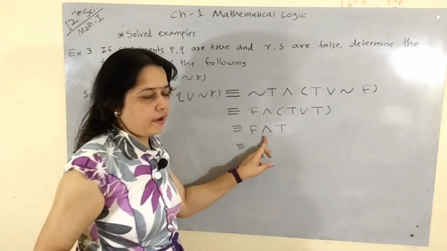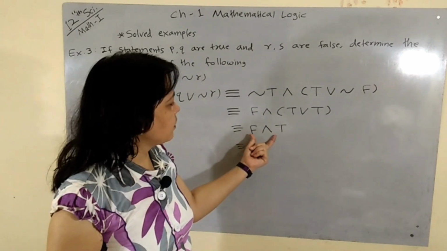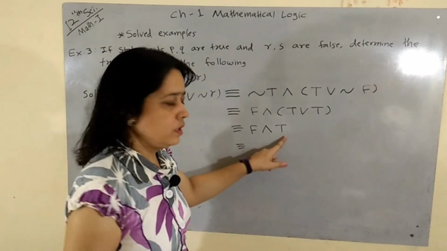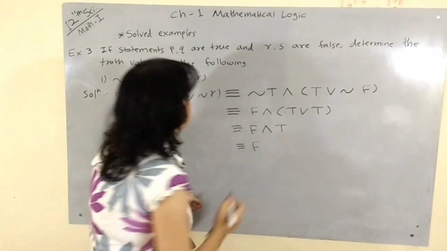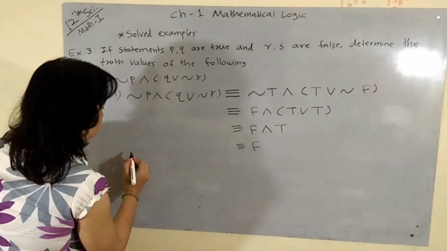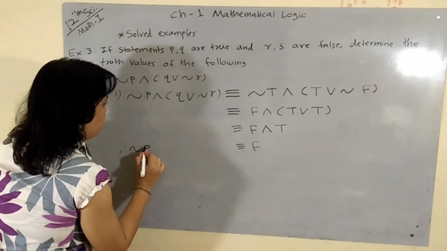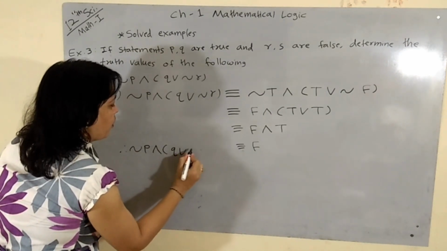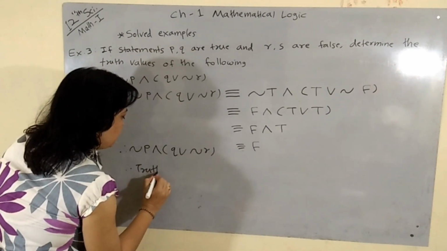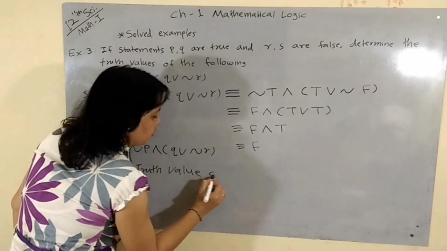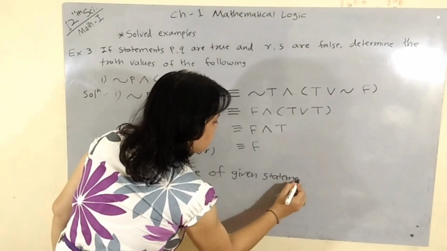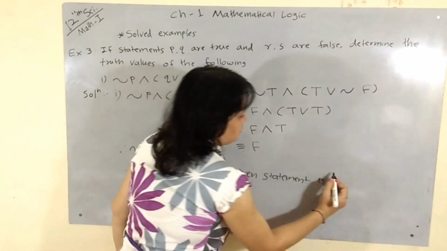And for and, or conjunction, we know that if both are true, then its value is true, otherwise false. So here false and true is equal to false. Therefore the truth value of this statement is false. Therefore negation of P and Q or negation of R is equal to false. Therefore truth value of given statement is false.